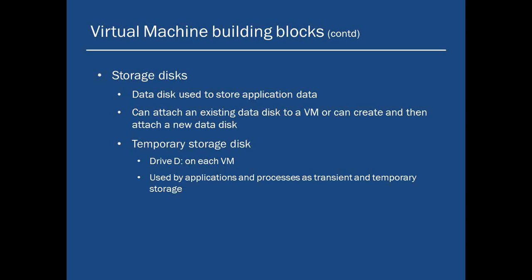The Windows virtual machine will have a C drive which will have all the OS specific details, and another drive which is a D drive, which will be available again on each of the VMs. And this is like a swap disk. This is like a temporary disk where your OS, your processes and your applications will use this disk as transient or temporary storage.